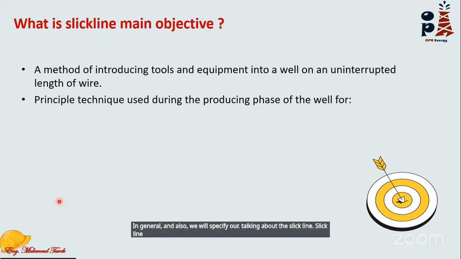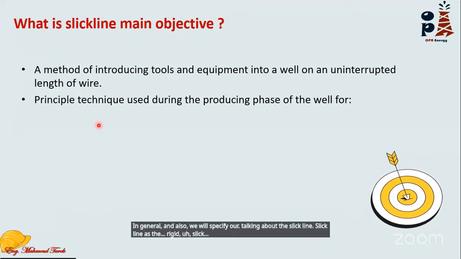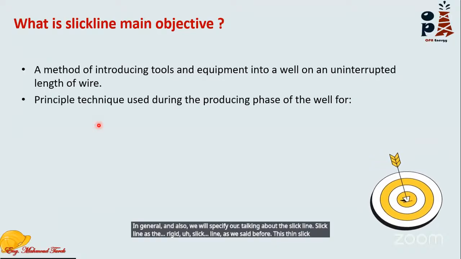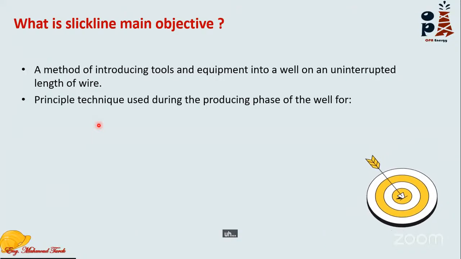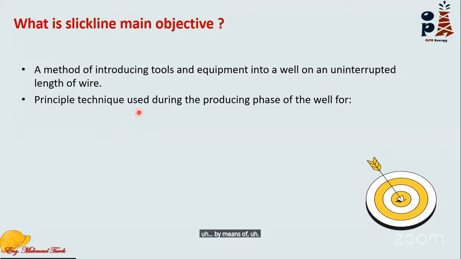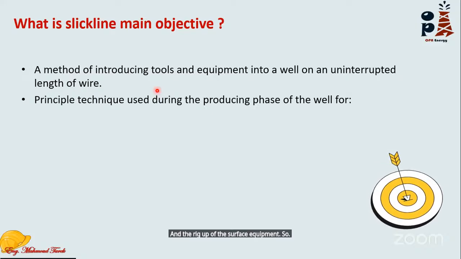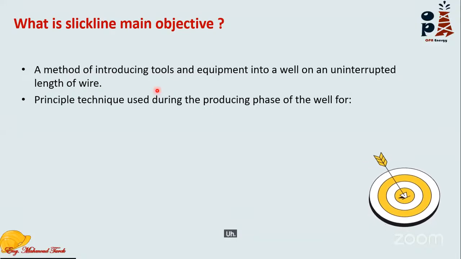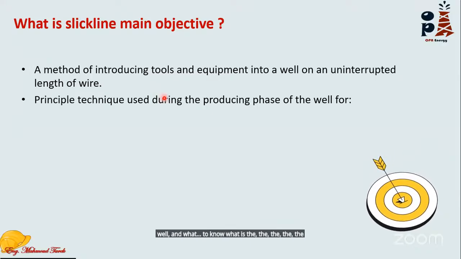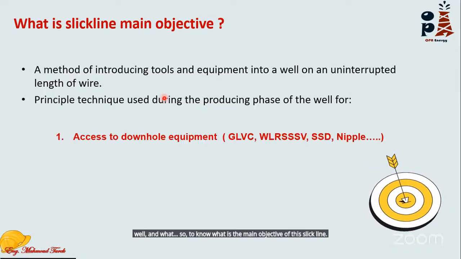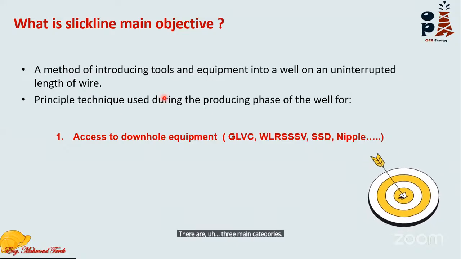The Slickline is a rigid, thin line, as we said before, introduced to the well by means of surface equipment and its rig up, as we will see. To know the main objective of the Slickline, there are three main categories of all Slickline applications.